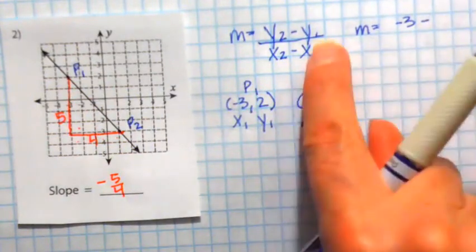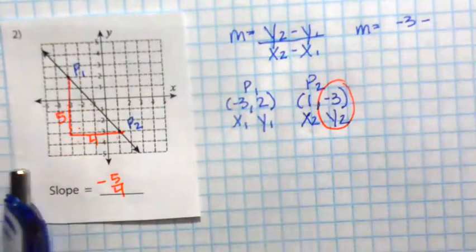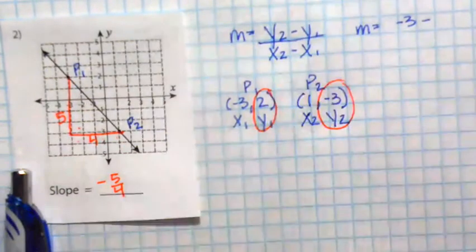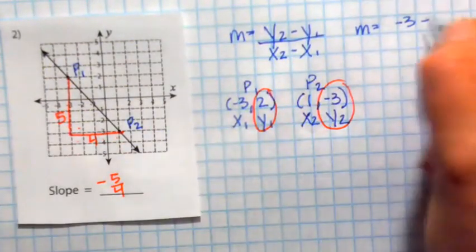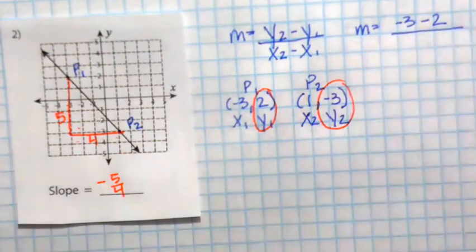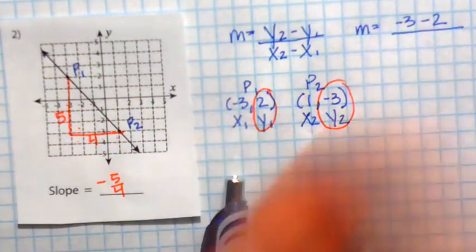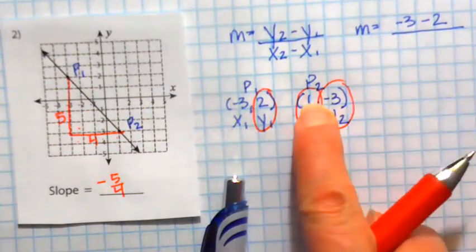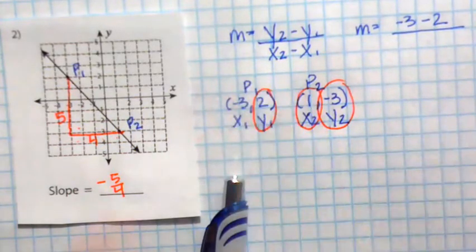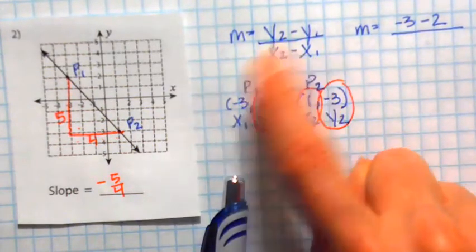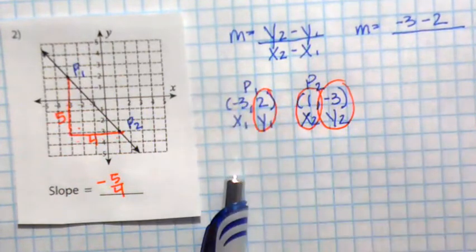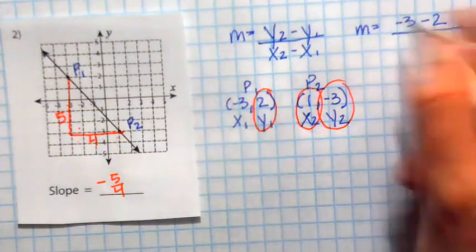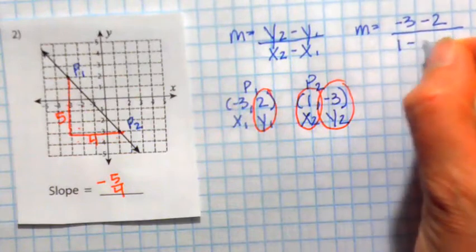Subtract my y1, which is 2. Over my x2, which is 1. I'm going to take 1, take away -3. Remember, you have to have this minus and this minus. You can't just say, oh, there's already one there, that's good enough. No, you got to keep both of them.